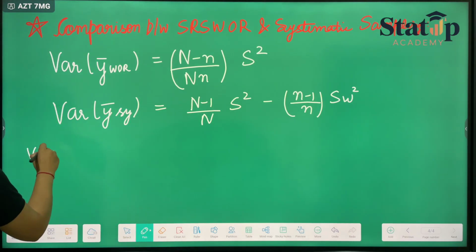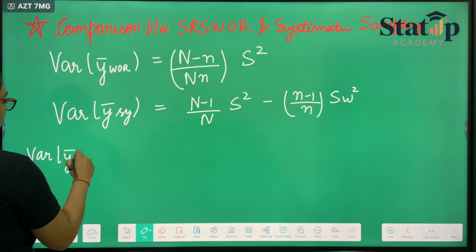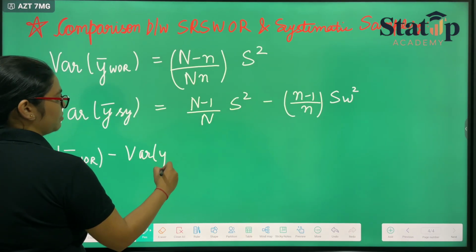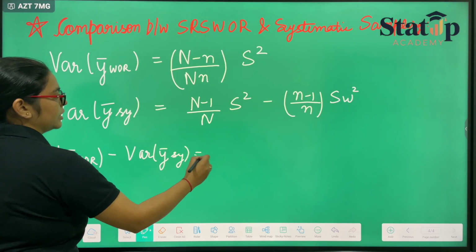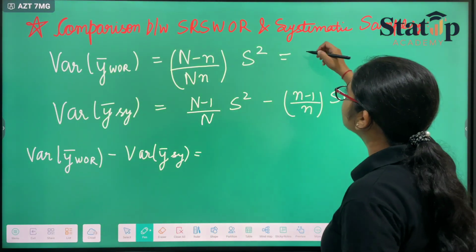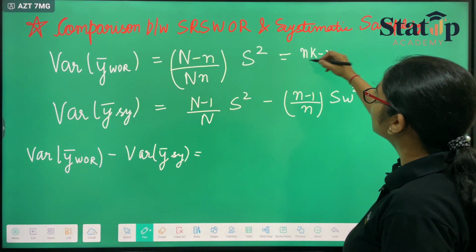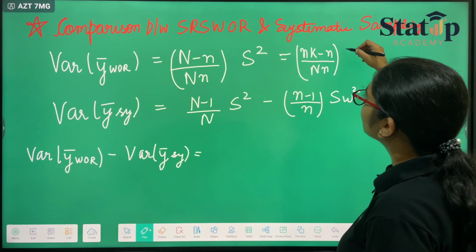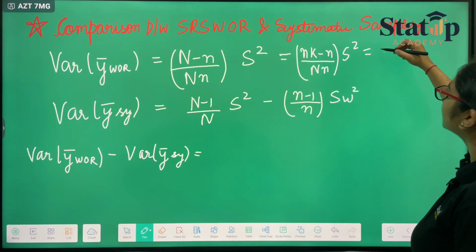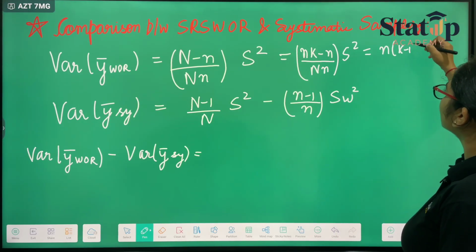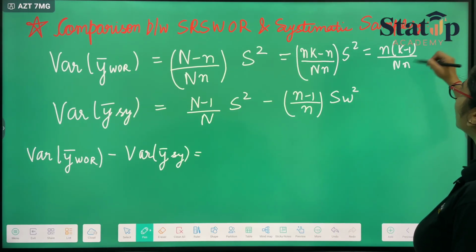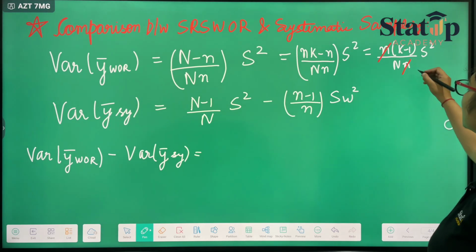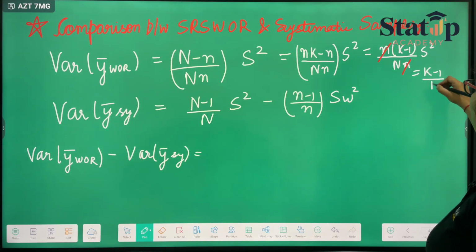Now, this variance can also be written as (nk minus n) upon capital N S square, which can be written as n(k minus 1) upon capital N small n S square. Now here small n and n get cancelled, and this is nothing but (k minus 1) upon capital N S square.